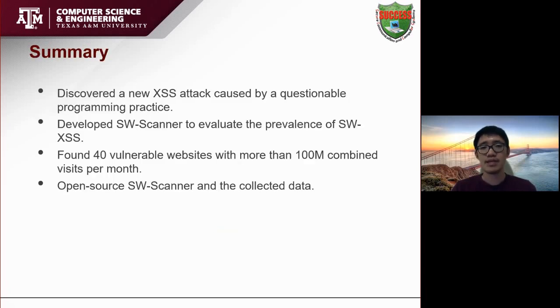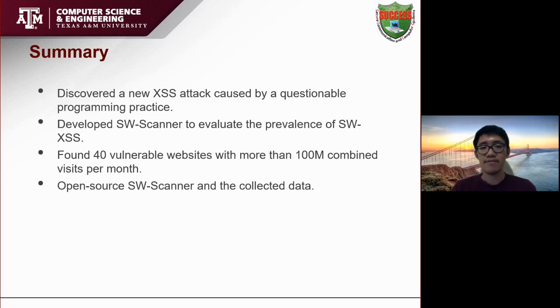To summarize, our contributions are as follows. First, we discover a new cross-site scripting attack caused by a questionable practice followed by some websites to install a service worker. We term this class of attack service worker cross-site scripting.